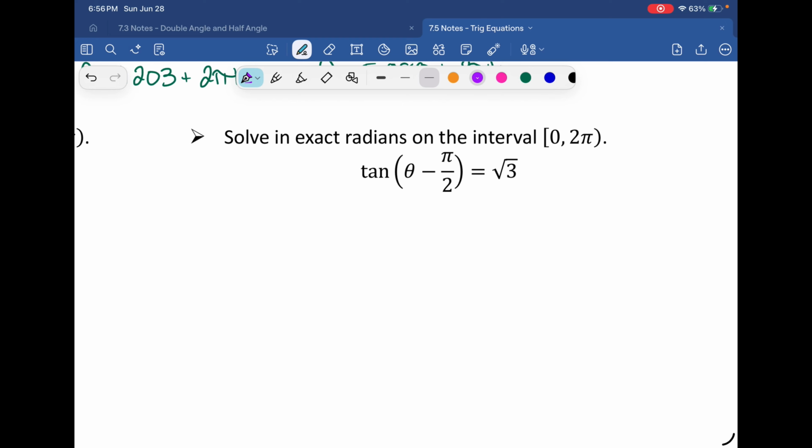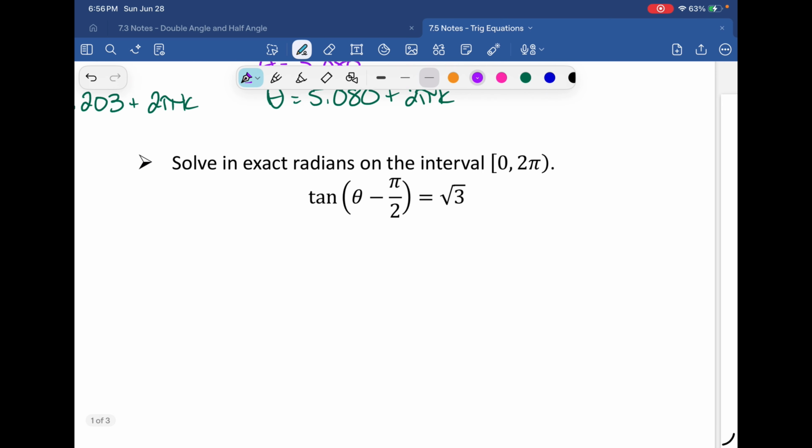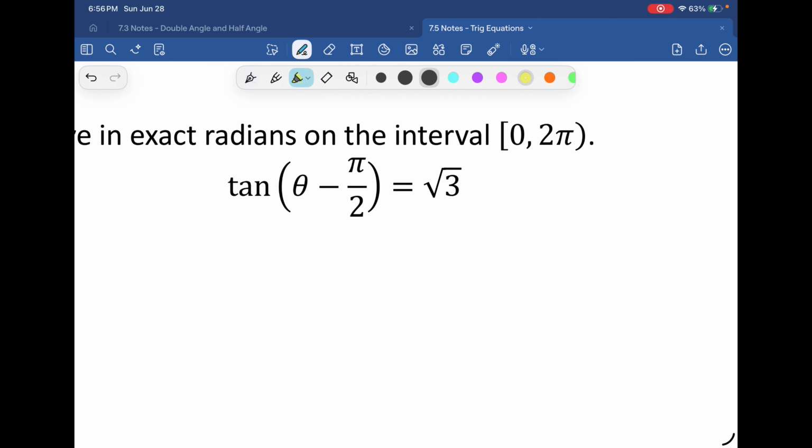Next example is a little weird in how you treat it. I need you to remember that what's inside these parentheses is called an argument. So tangent of an argument equals root 3. I'm going to solve as if I don't have a theta plus pi over 2 here. I can't separate this out yet.